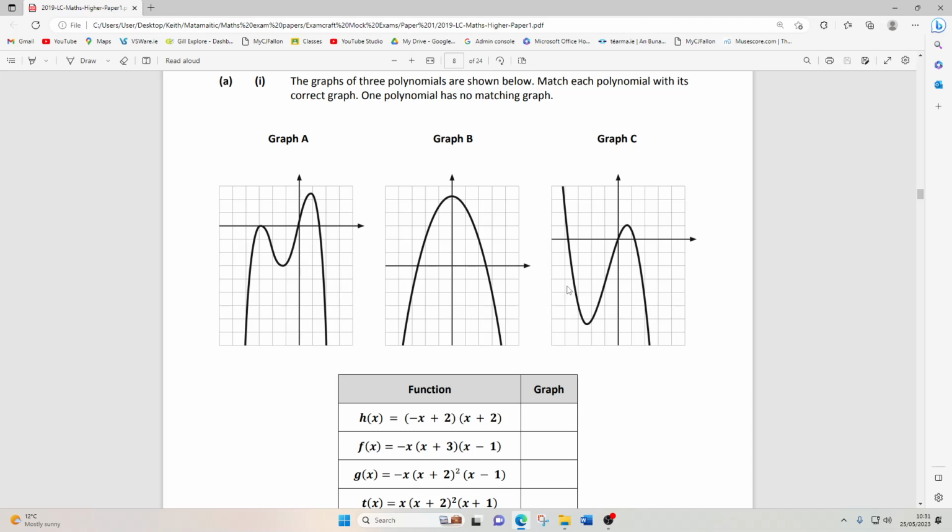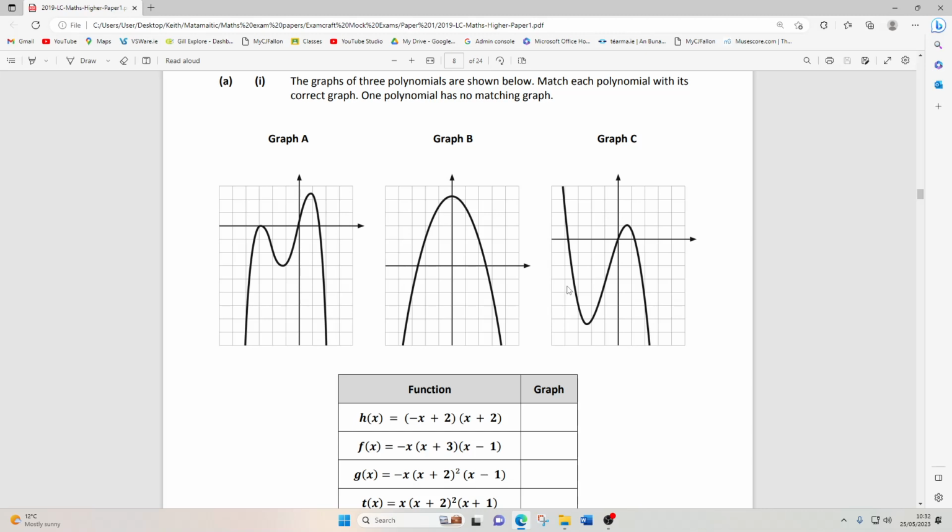Linear is just a straight line. Positive would be plus x, negative would be minus x. Quadratic: U shape or N shape.